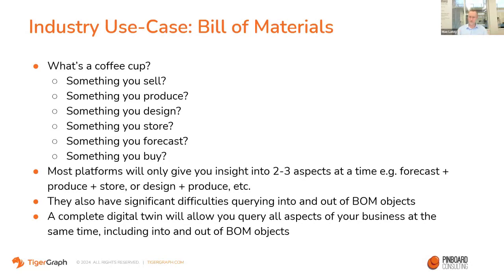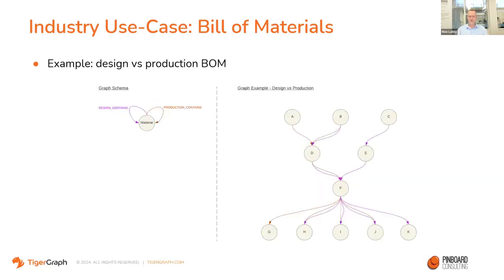So one of the examples, don't know how many of you will have seen this, but it's something that clients of Pinboard have had difficulty with until they moved into Graph, was, for instance, our coffee cup. One team, it's something they design, and another team, it's something they produce. Perhaps you have SAP PLM, perhaps you have some other module for design or QA.